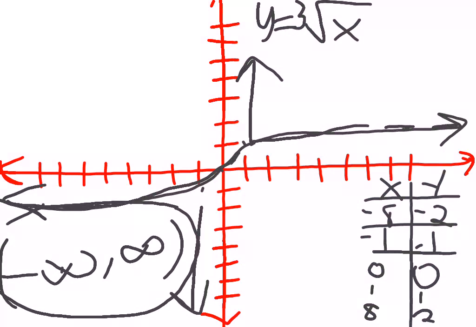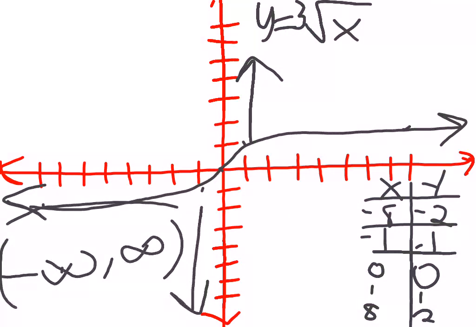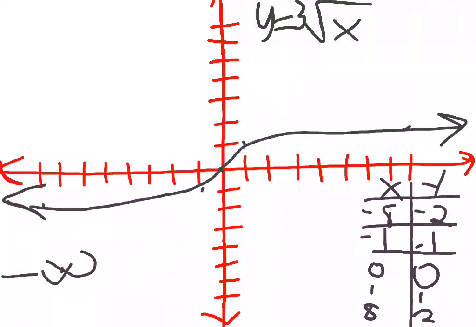My end behavior, okay, so what's happening as x approaches negative infinity? Let me make it a little cleaner so we can talk about that. What's happening to y?